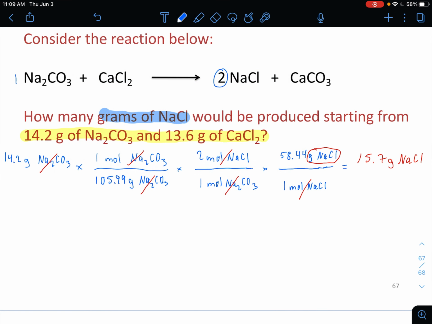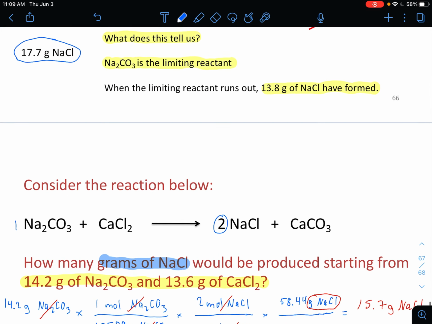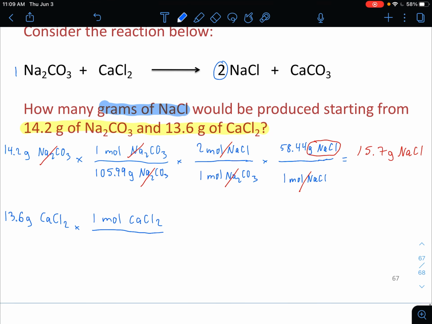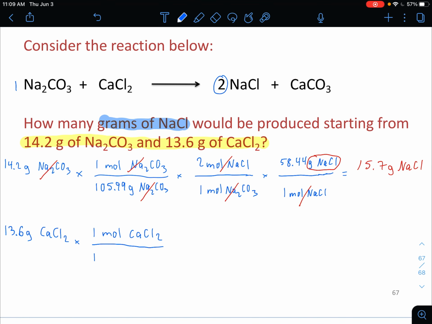So 13.6 grams calcium chloride times 1 mole calcium chloride. We could calculate it, but it's just right here, right? 110.98 grams calcium chloride.